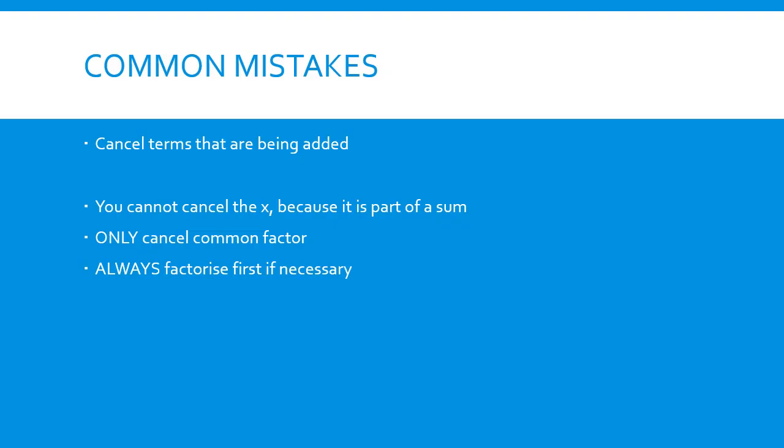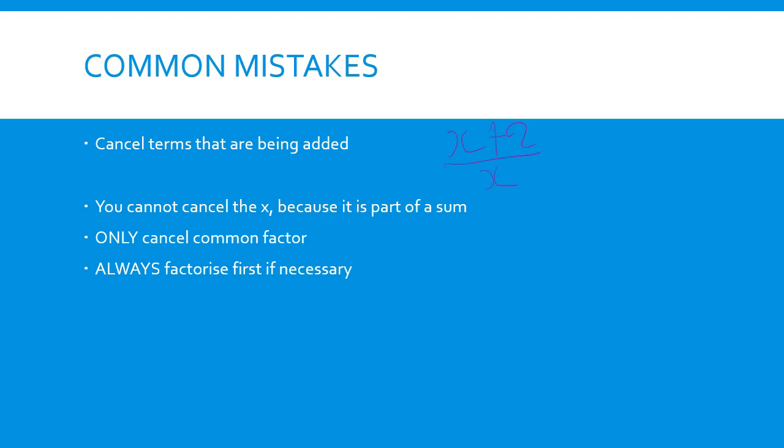Sometimes students make mistakes when they are working with algebraic fractions, and a common mistake is cancelling terms that are being added. For example, you have x plus 2 over x.